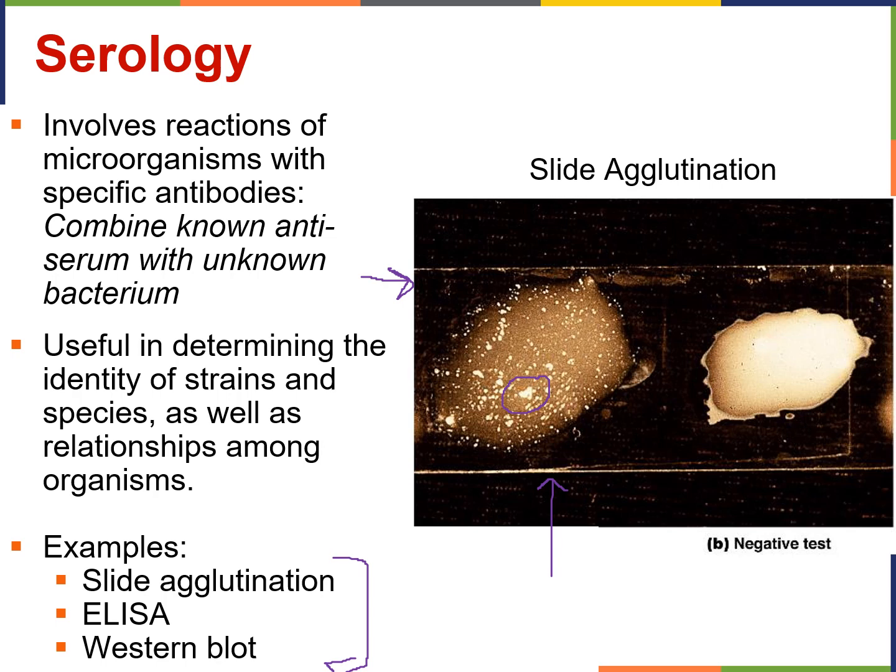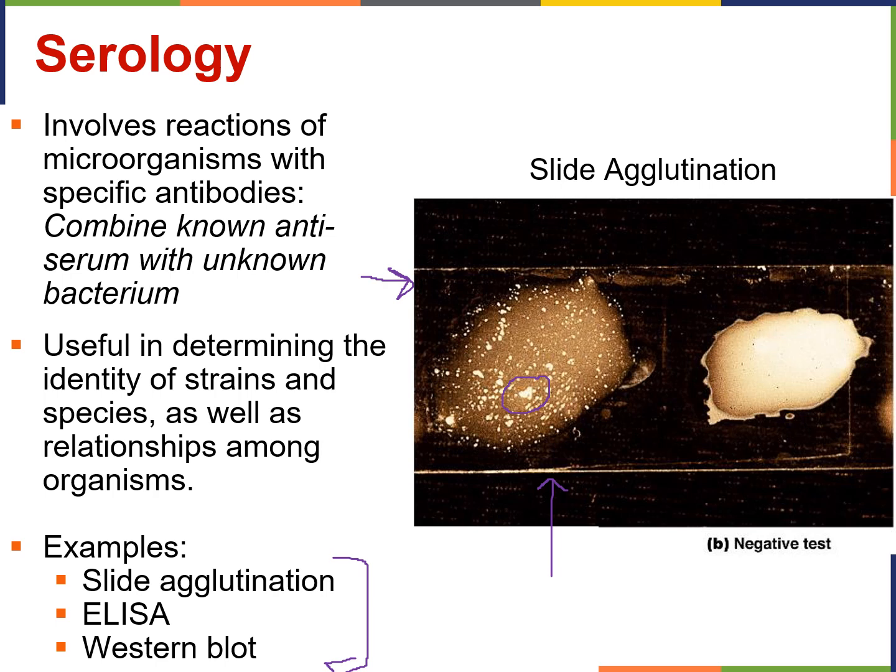That means your patient is still sick, but they're not sick with E. coli. You don't know what they're sick from, but you know it's not E. coli. So that is the way slide agglutination works. You're looking for a reaction between antigen and antibody.